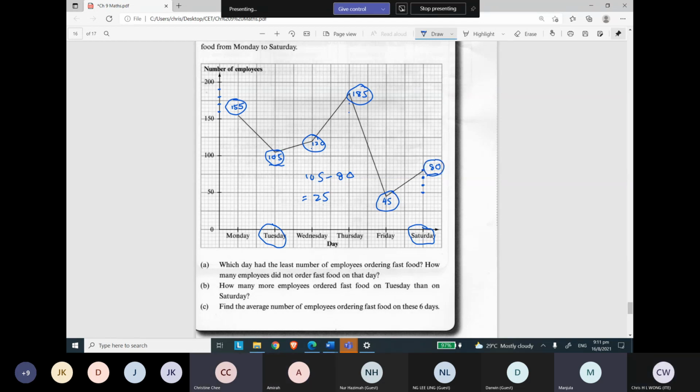Divide by 6. Why divide by 6? Monday to Saturday, these are 6 days. You're taking the average of the 6 days, right? Yes, 6 days, Monday to Saturday.